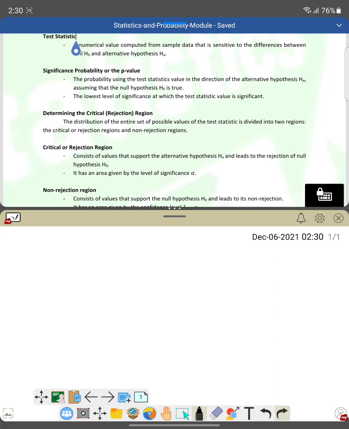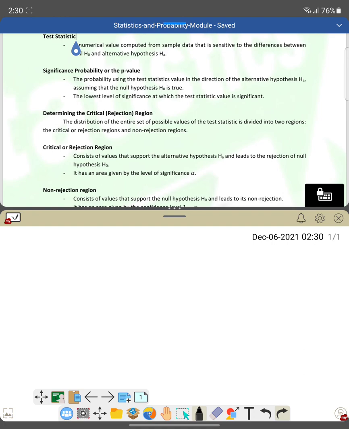Why? It is because your critical region indicates whether your value can be included in the accepted region, or if it is in the rejection region. If it is in the rejection region, that only means that we accept the alternative hypothesis.